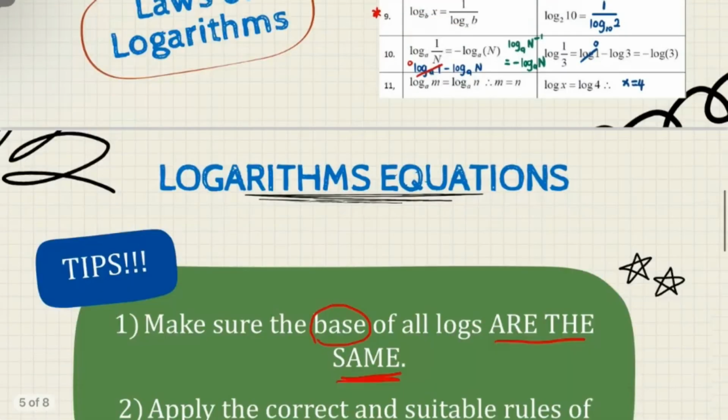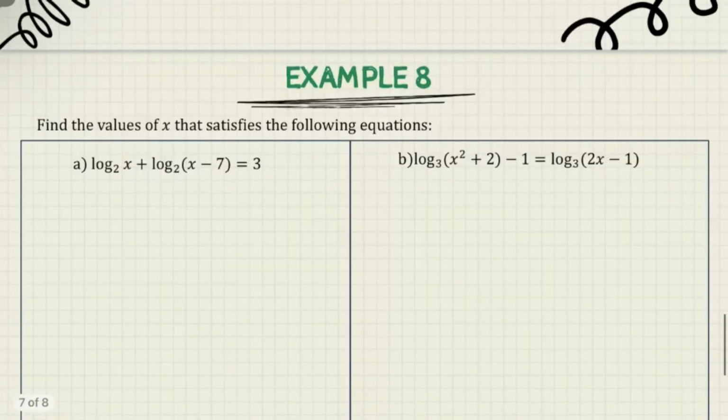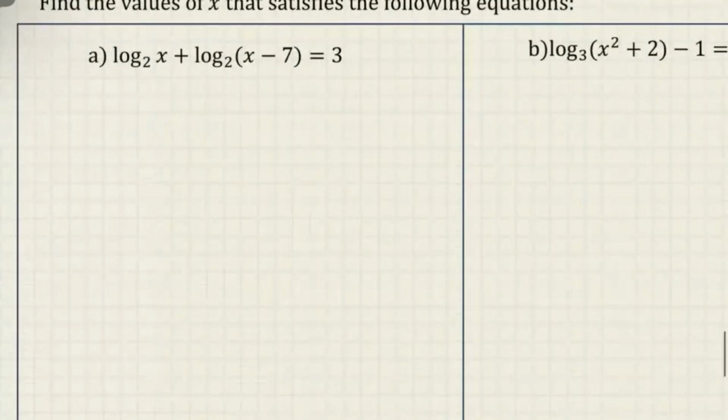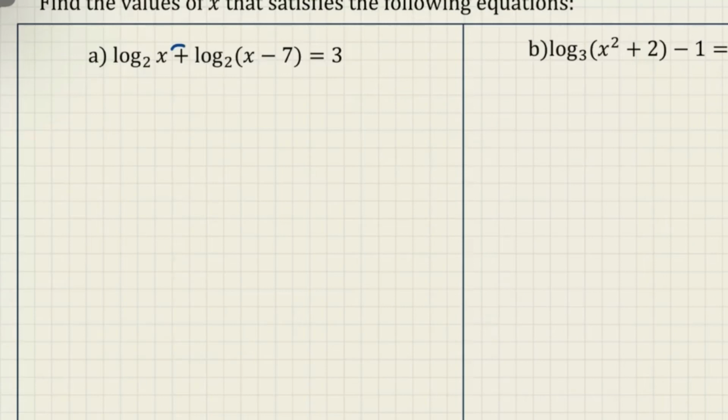Okay. Here, saya jadikan dia plus kan. Base dah sama. So, it will be log with base 2 of x multiplied by x minus 7 equals to 3. Okay.